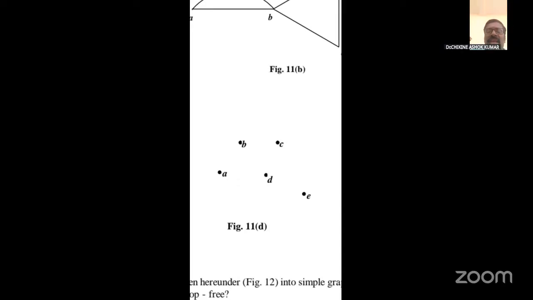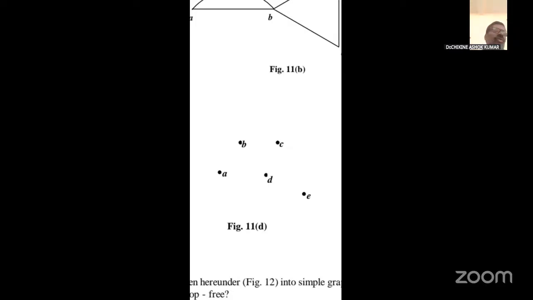A, B, C, D, E: 5 vertices. But no vertex is connected with another vertex, meaning there are no arrow marks here. There is no connectivity from A to B, A to C, A to D, A to E. Similarly, there is no connectivity from B to A, B to C, B to D, B to E. Similarly, there is no connection from C to the remaining vertices, and none from D to the remaining vertices.